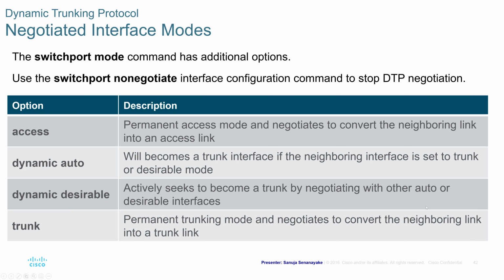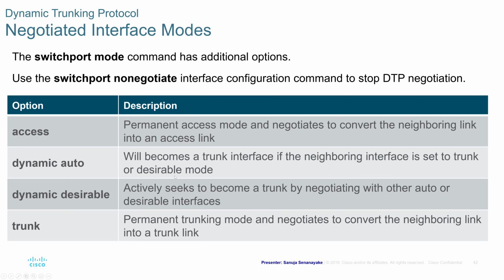It's pretty simple. If you put it into access, it will put the interface in permanent access mode and negotiate to convert the neighboring link into an access link. Just like the option name suggests, dynamic auto will become a trunk interface if the neighboring interface is set to trunk or desirable mode.